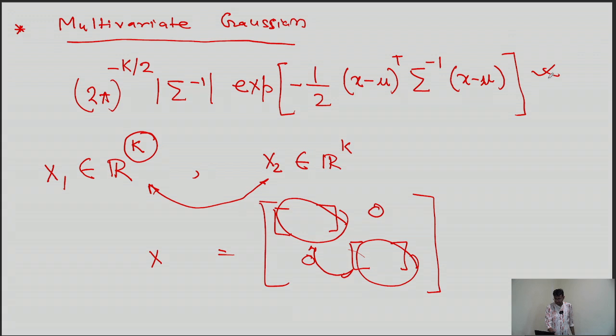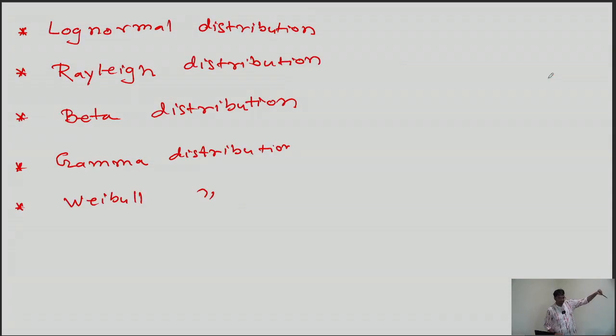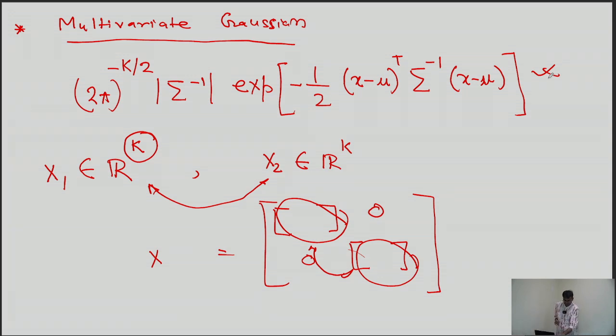Multivariate Gaussian we talked about. Similarly, there will be other multivariate distributions as well, and we will encounter them. One thing I will not discuss today, but just like to mention: because of this independence, we like to work with independent random variables.